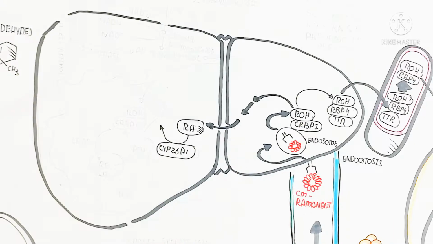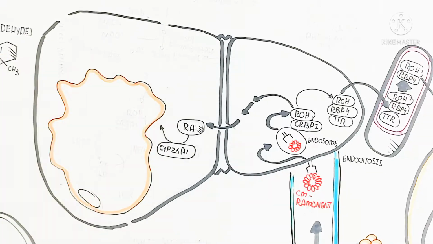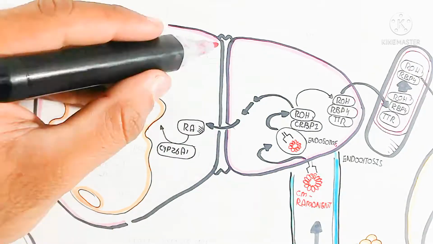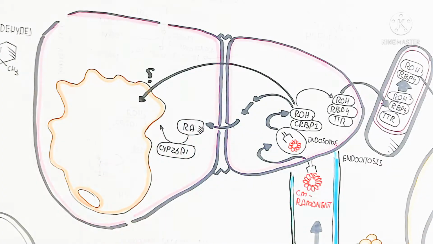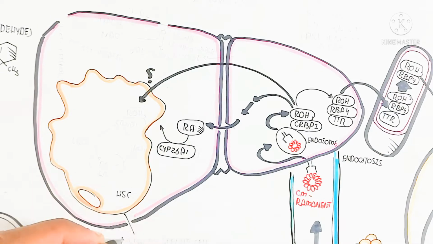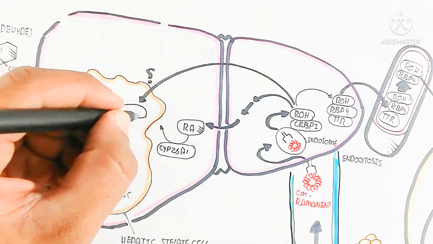So this retinaldehyde will be moved through a retinol converting into the retinaldehyde, and this is the cytochrome P26A1, which is used for the conversion.